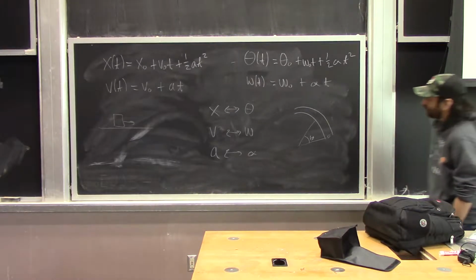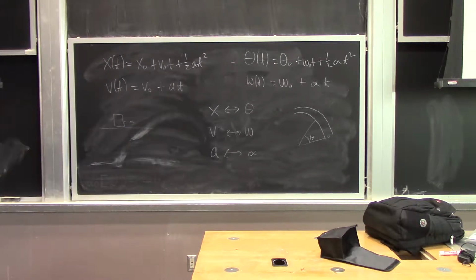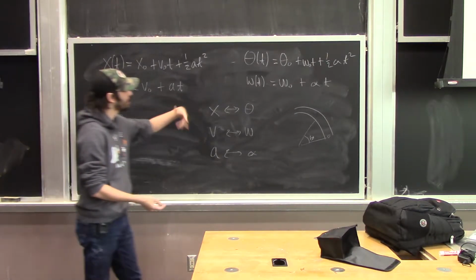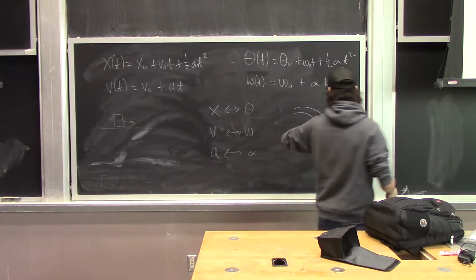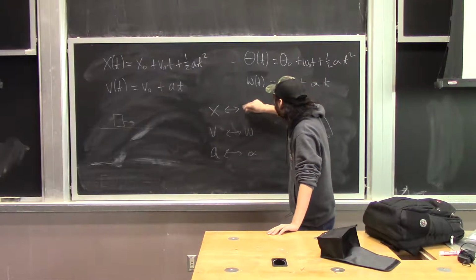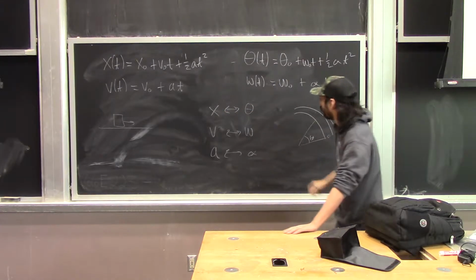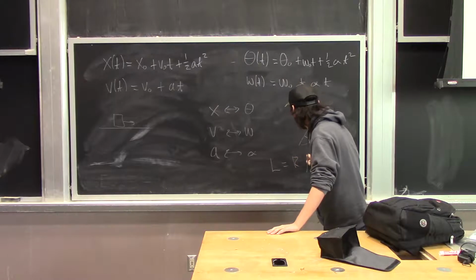We can even figure out the translation along the arc of the circle, the distance covered across the arc, which we could call some length L. It is given by the radius times the angle.